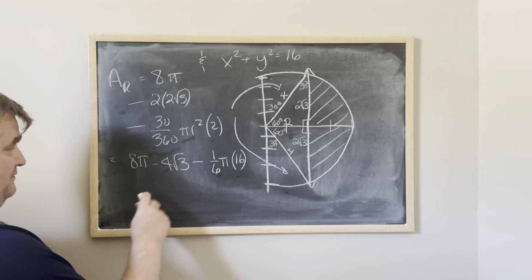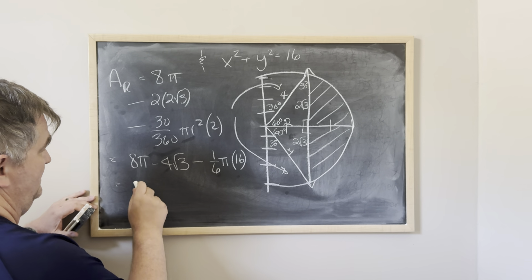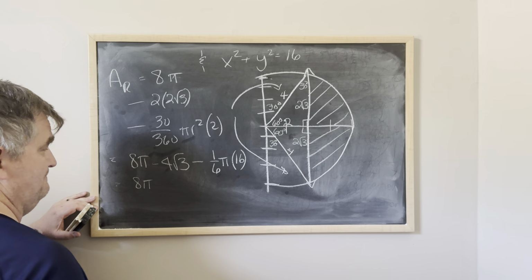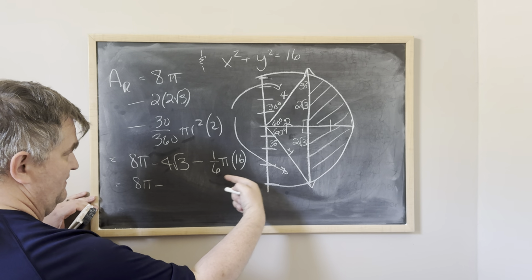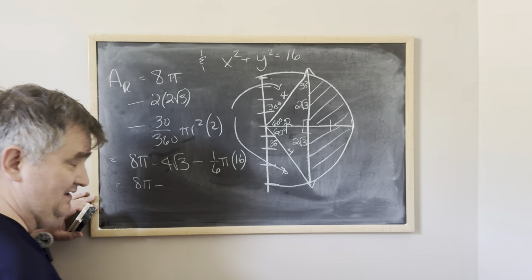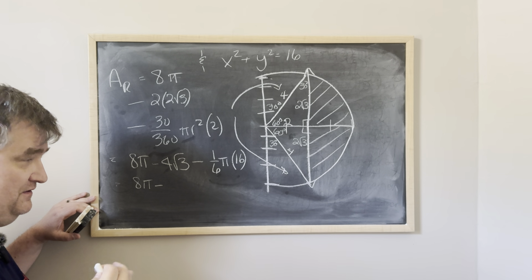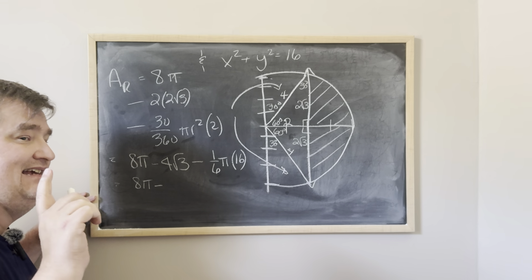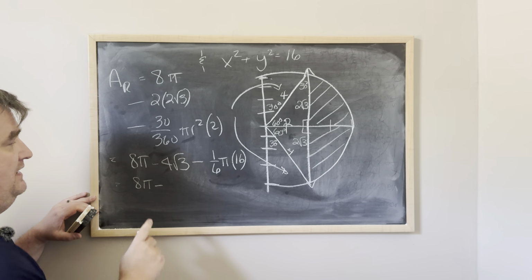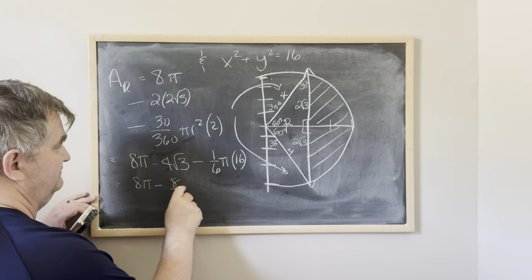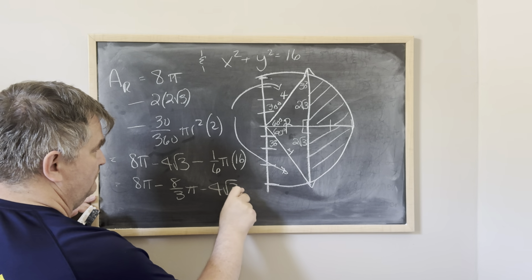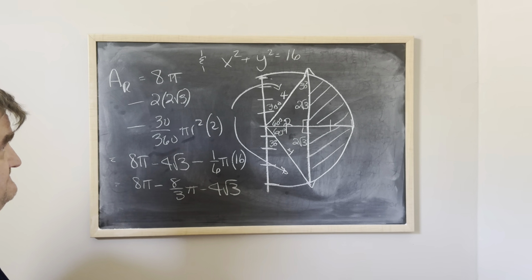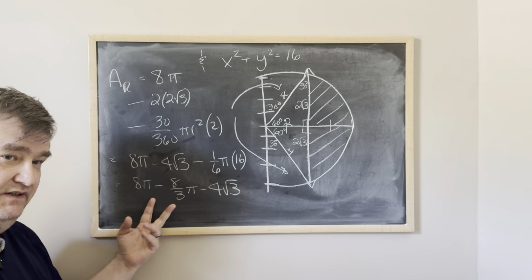Let's continue to simplify. So we're going to have 8 pi minus, and we're going to deal with this term here first. So 16/6 is 8 over 3. We just divide everything by 2. Minus 4 root 3. So now these two values will simplify.